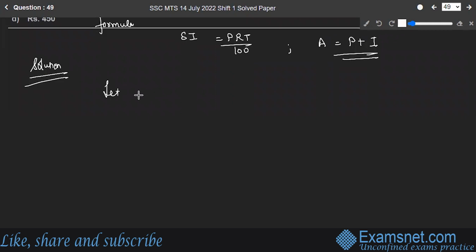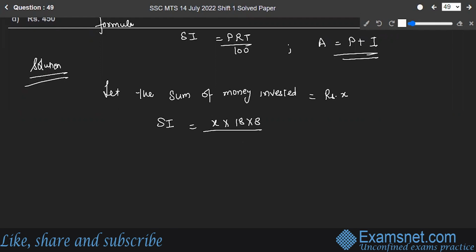So let's suppose the sum of money invested is rupees x. So simple interest is equal to principal, which is x, into rate, which is 18, into time, which is 8, upon 100, which will give you on solution 36x upon 25.